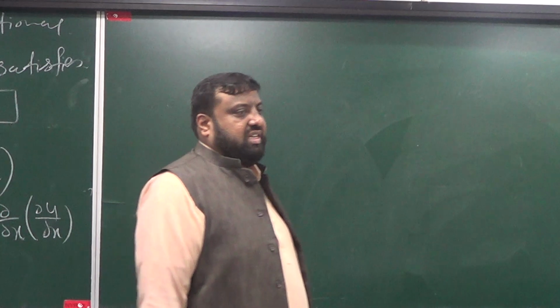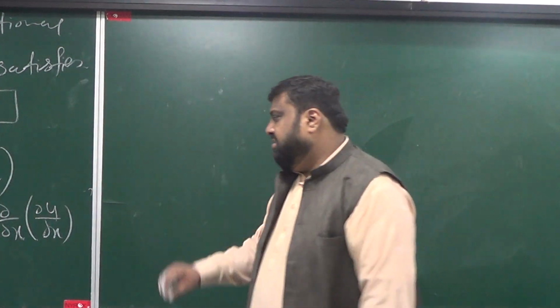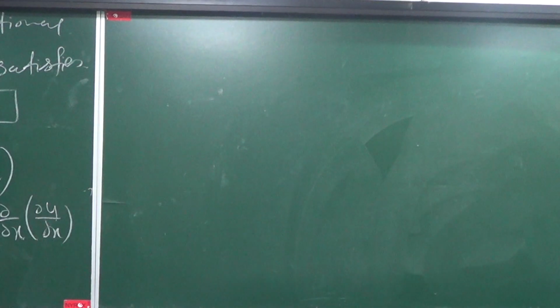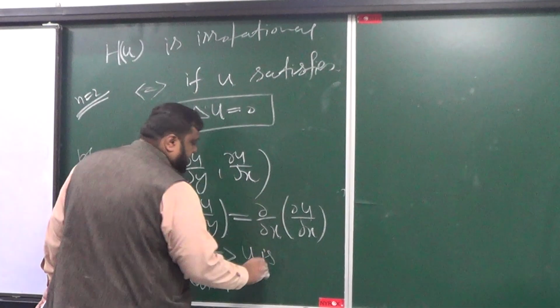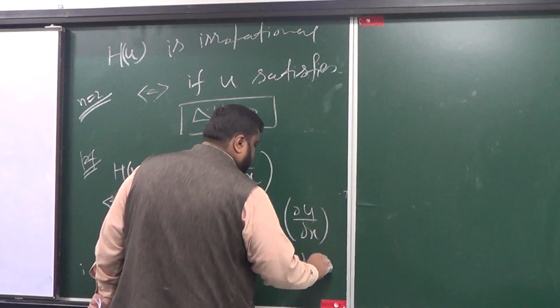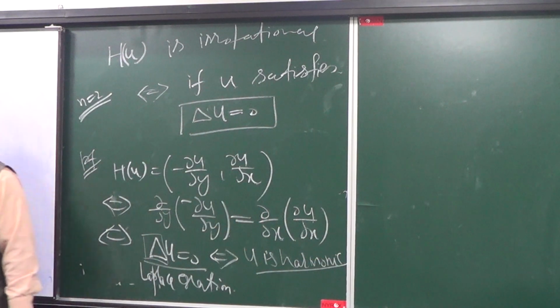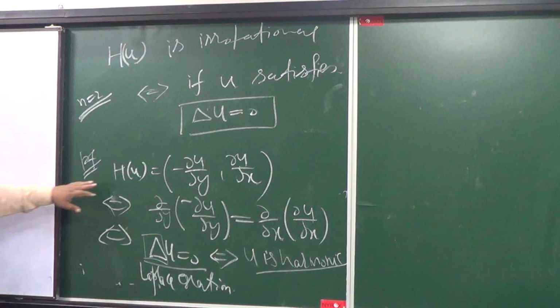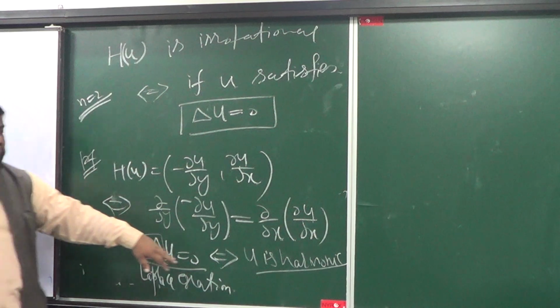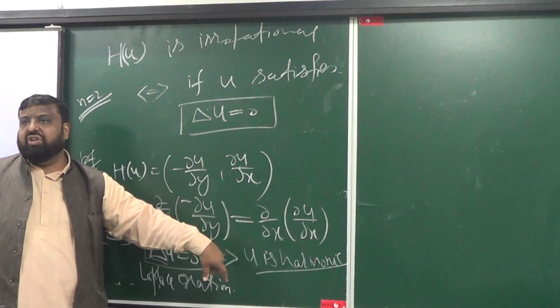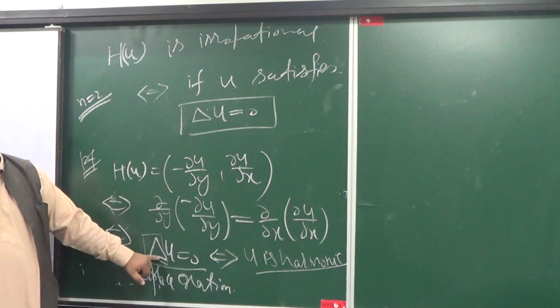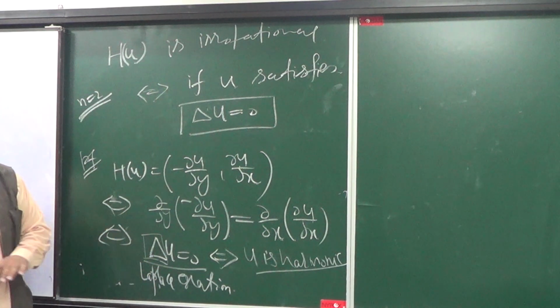What interesting thing happens? Let me say one more thing. Those functions which satisfy Laplace equation, we call them harmonic. So u is harmonic. Okay? It's like a musical thing actually. You see there is music. So H of u would be irrotational if and only if u is harmonic. So what is the definition of u being harmonic? That it satisfies the Laplace equation actually.